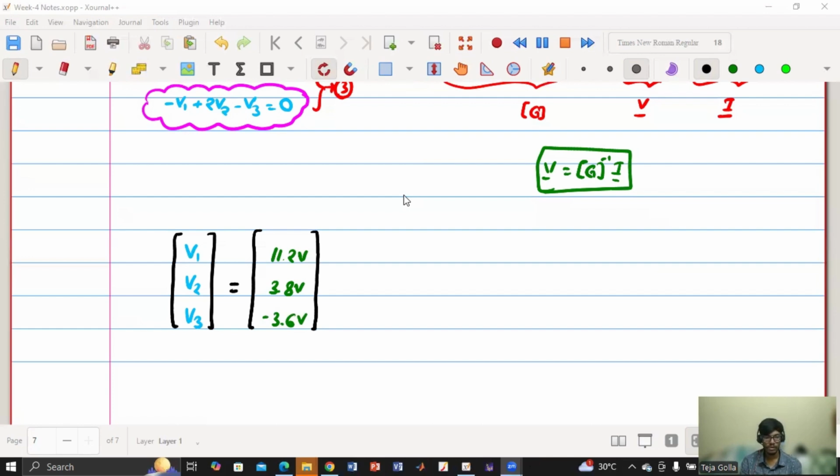I have not shown it today because it would consume time, and we would not have been able to cover this many problems. But I request you to do the matrix multiplication yourself, so that if you face any difficulty, you will know where and how to tackle it, and you will also get some practice.